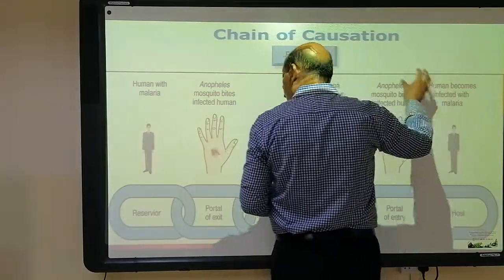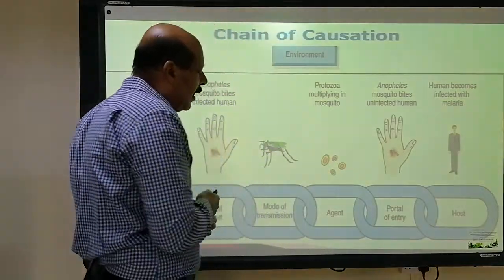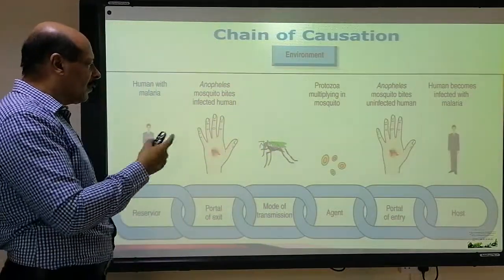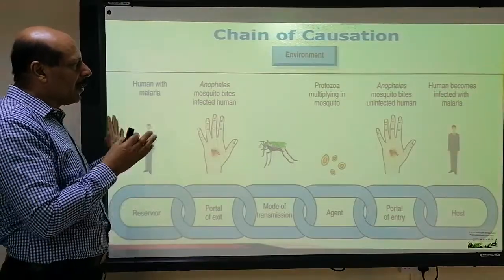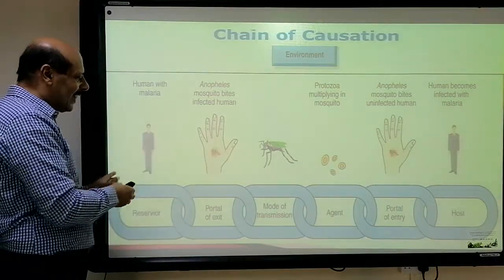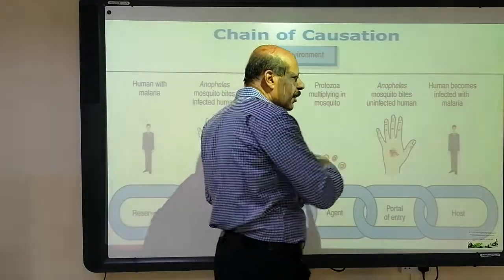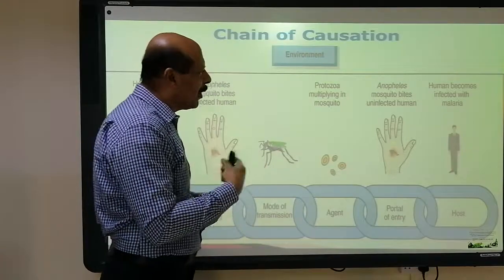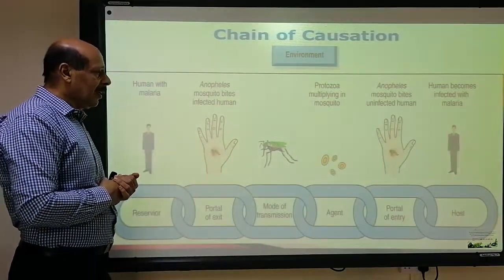So a new host will be there for infection. And if we did not prevent, if we did not cut this chain, there will be continuation of transmission of the disease, and the number of people who will get the disease will be more.